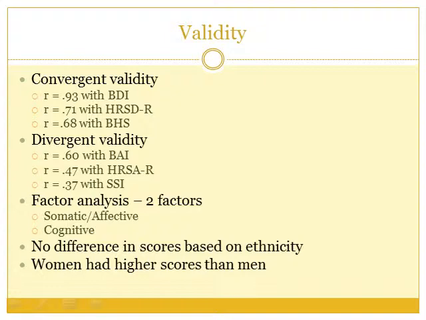On the first factor are items relating to fatigue, disruptions in sleep and appetite, tearfulness, and indecisiveness. On the second factor are items related to cognition, such as pessimism, guilt, self-criticism, and suicidal thinking.